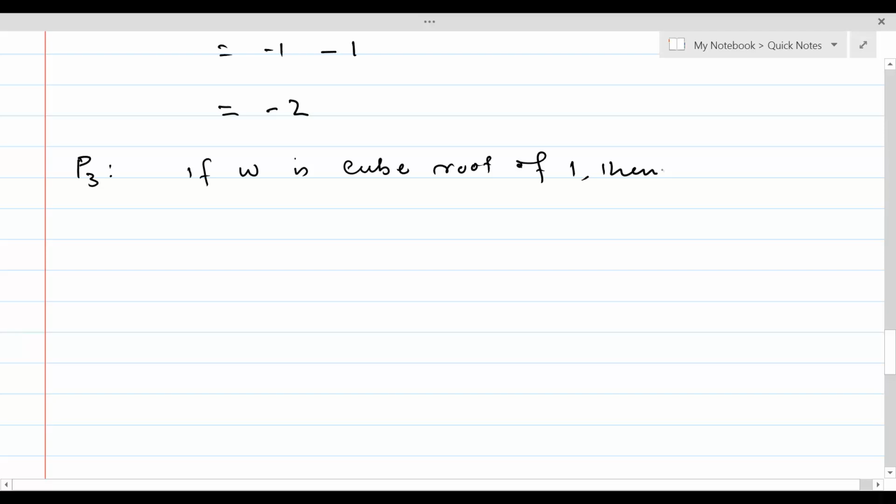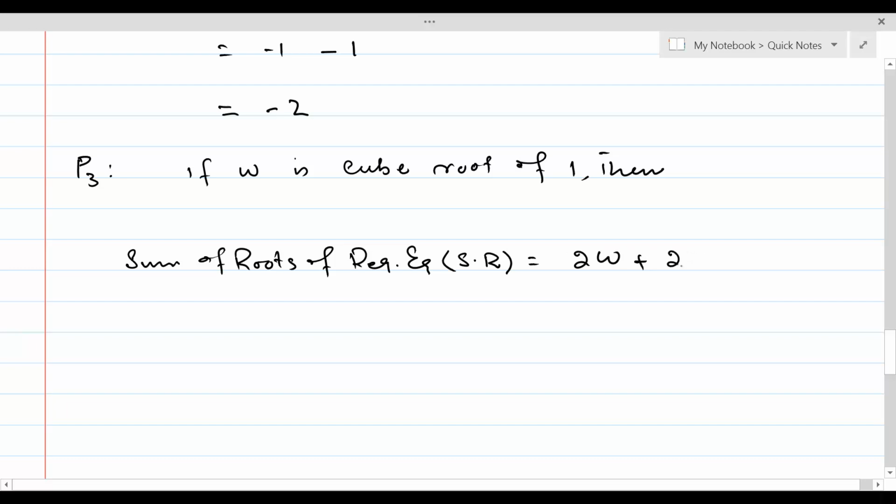the sum of roots of the required equation, which will be denoted by SR, is equal to 2 omega plus 2 omega square.